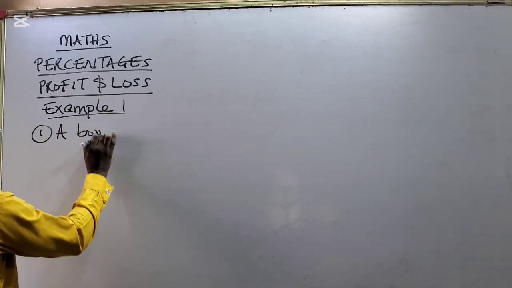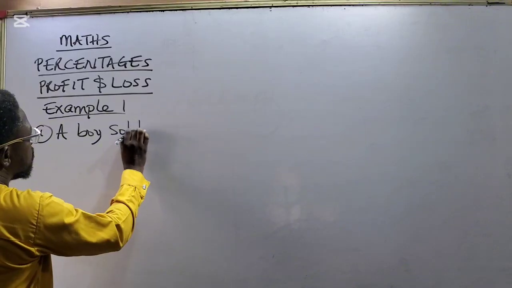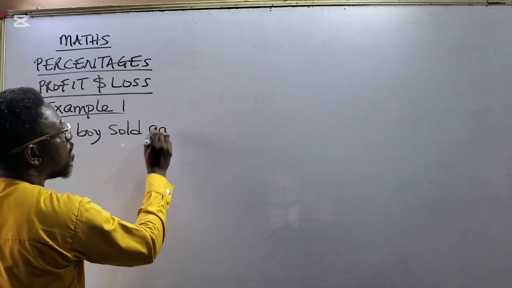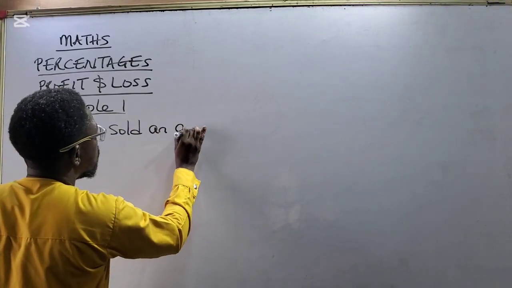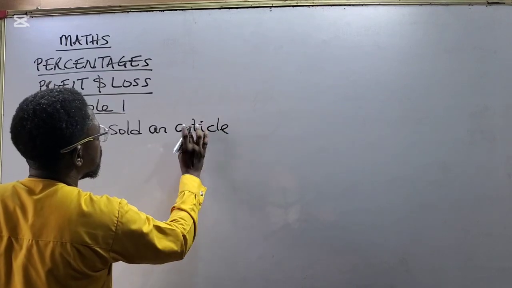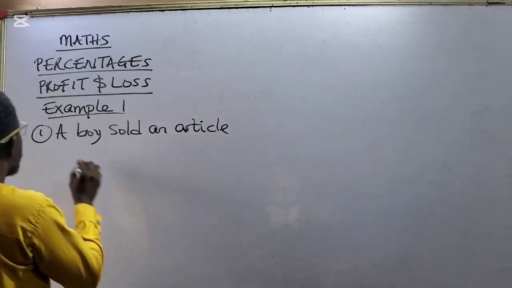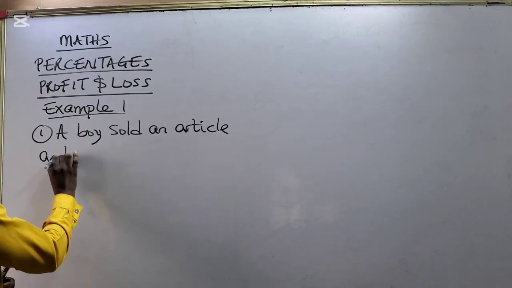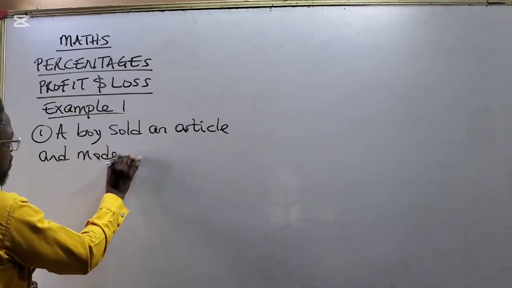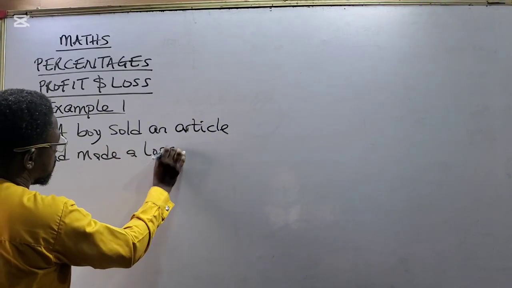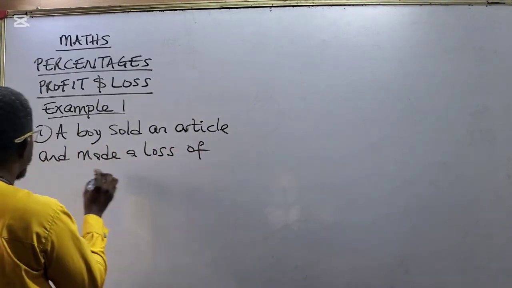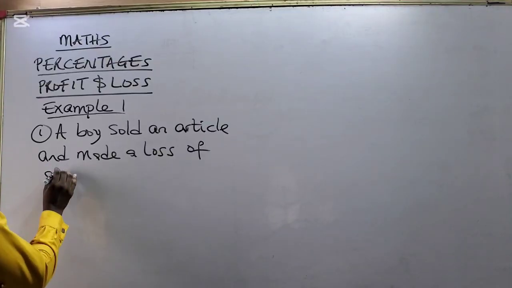A boy sold an article and made a loss of 8%.